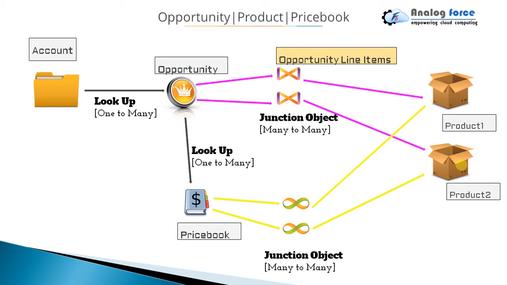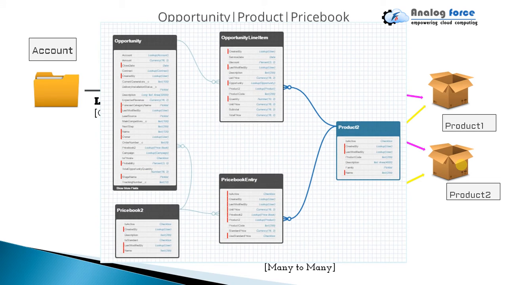Events, seasons, zones, countries, all those are tracked in the price book with the help of a junction object, and this junction object is known as price book entry. And in the Salesforce schema diagram, this is how it looks. So you can see the opportunity line item, product, price book entry, and how all those things are related.